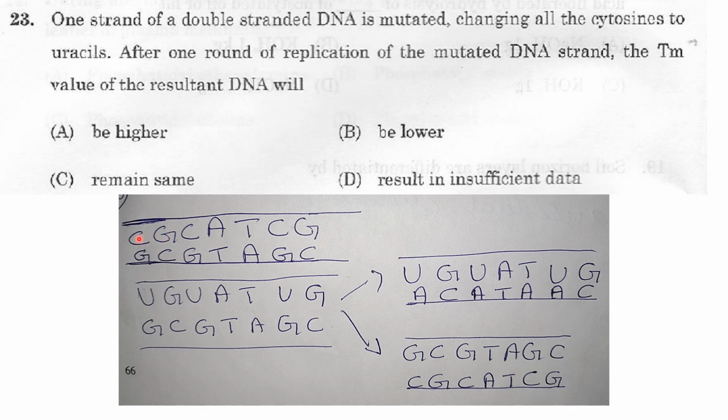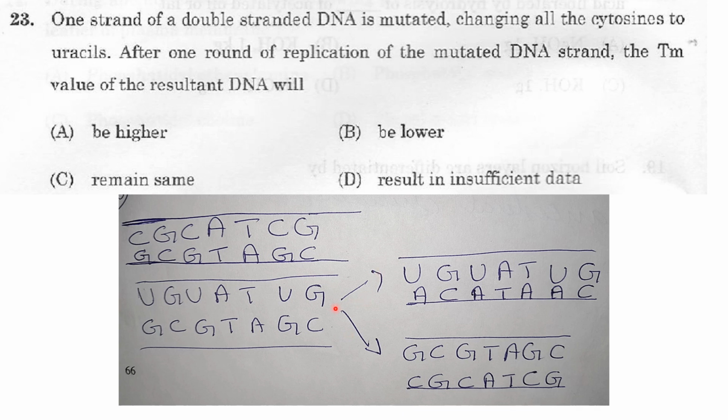It has so many C and Gs. Now cytosines are converted to uracil upon mutation. So wherever cytosine comes, I have put a U in the first strand, because they have told that only one strand of the double-stranded DNA is mutated. The other strand I have left as such.